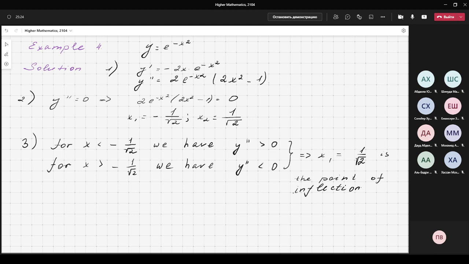Its coordinates are x is minus 1 over square root of 2, and y is e to the power of minus 1 over 2.